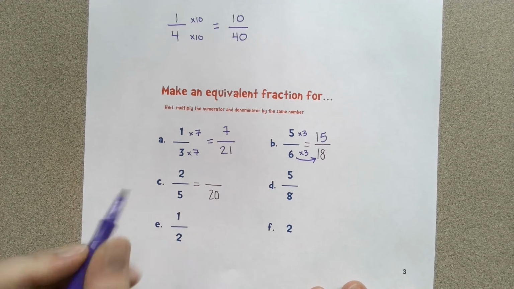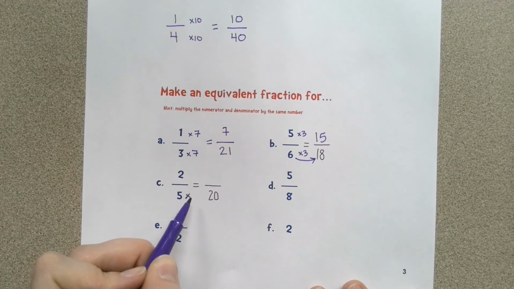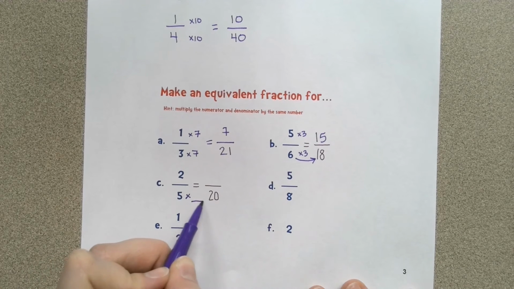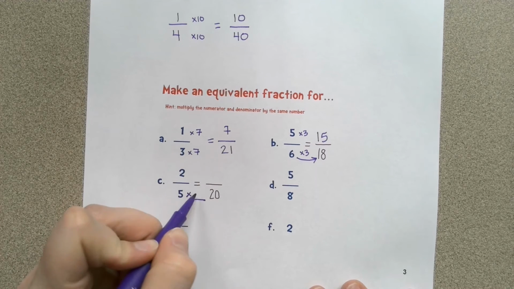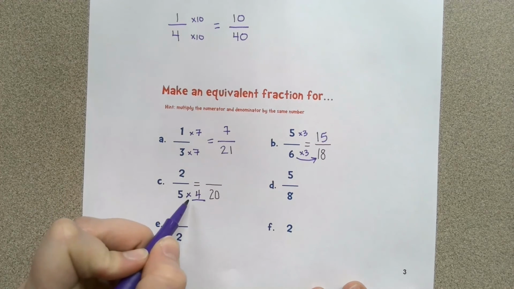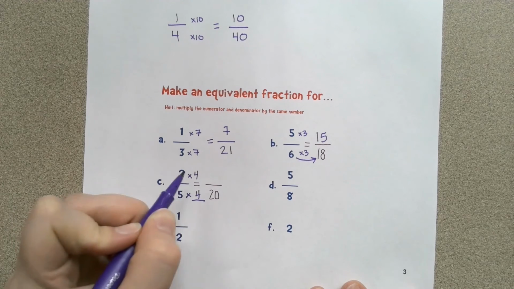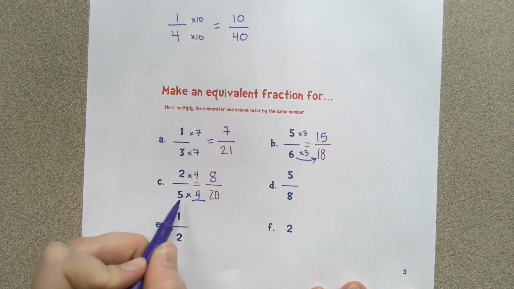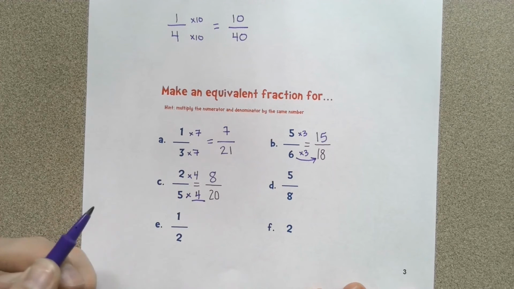Same thing in C. We got from 5 to 20. 5 multiplied by what number gives us 20? Well, that would be 4. So if we multiply by 4 in the denominator, we also have to multiply by 4 in the numerator, which would give us 8. That means 2/5 is equivalent to 8/20.